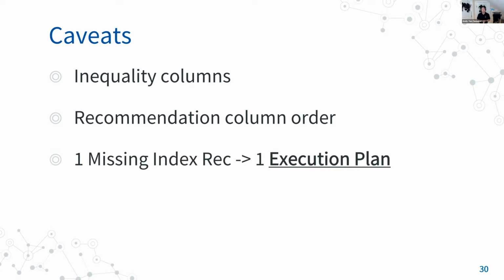The other key caveat to remember is that a missing index recommendation is tied to an execution plan, not a query. What do I mean by that? If you're familiar enough with execution plans, you will know that you could have multiple different queries that all generate the same execution plan. And you should also know that there's a very common challenge when it comes to dealing with execution plans and plan caching, something called parameter sniffing.